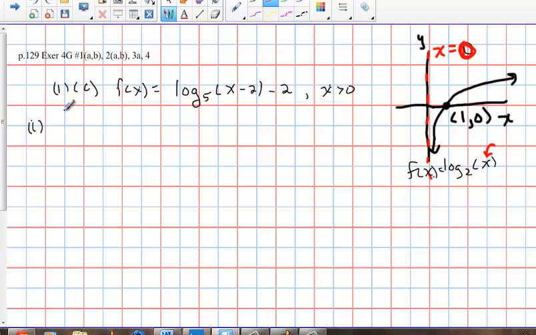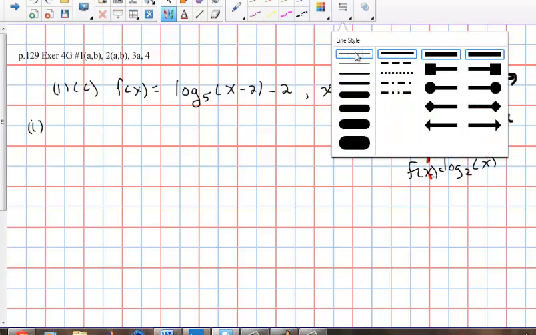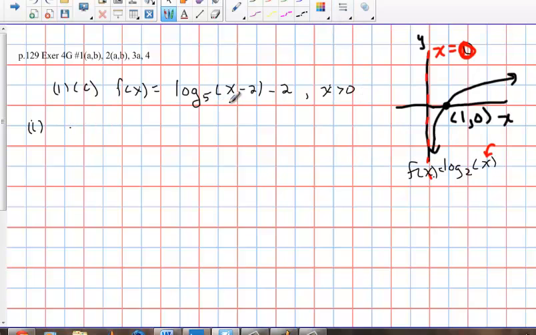So for number 1, part 1, we want to find the domain and range. So let's go ahead and take a look at this function. And we see that we have log base 5 of x minus 2. So whatever is inside the parentheses, whatever you're taking a log of, this expression has to be greater than 0.